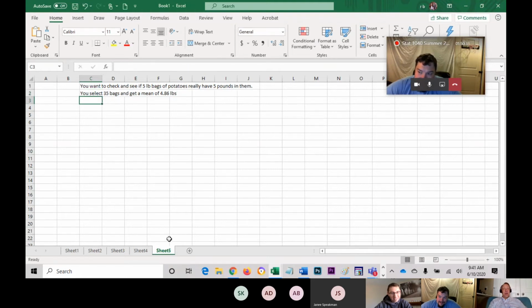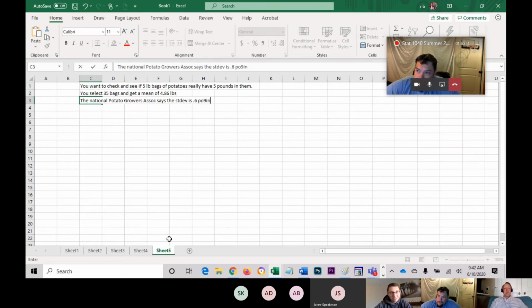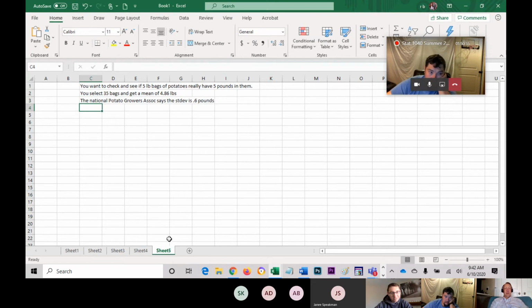Okay, now we've got to come up with a standard deviation. The National Potato Growers Association says the standard deviation is 0.6 pounds. We could go crazy and do like a 92% confidence interval or something.